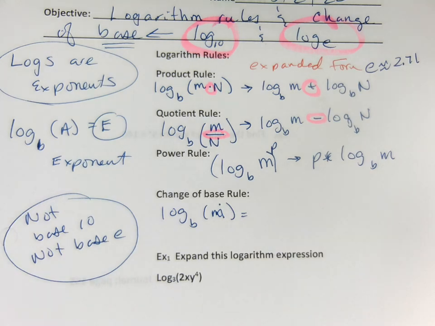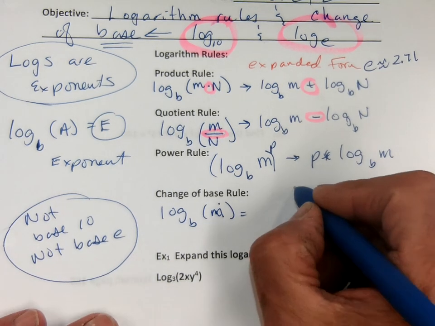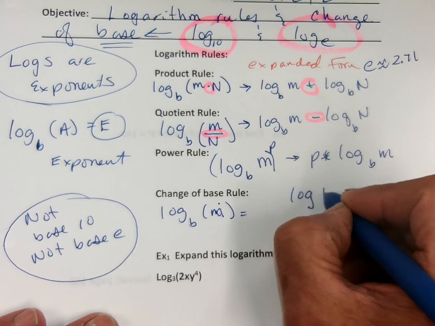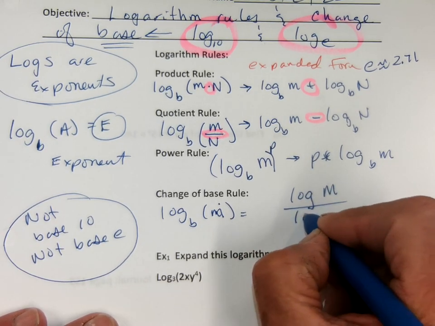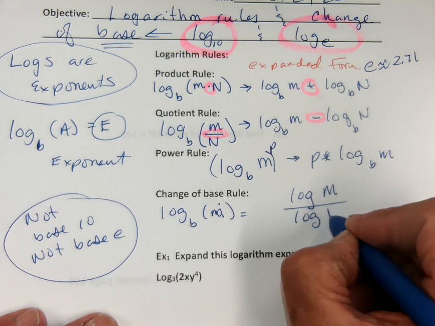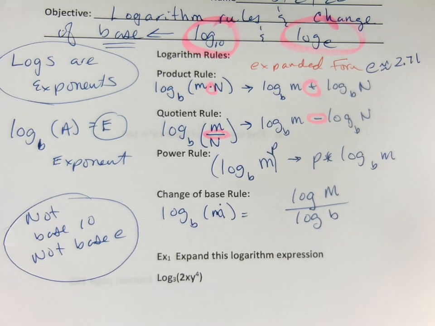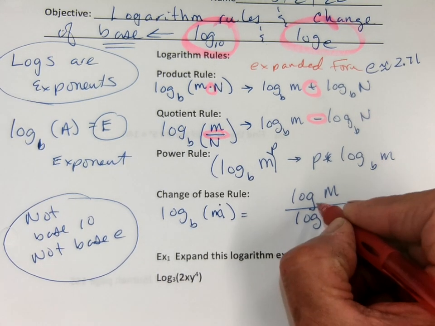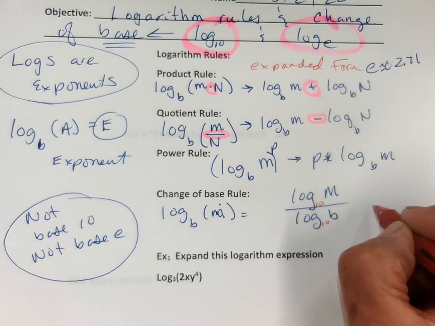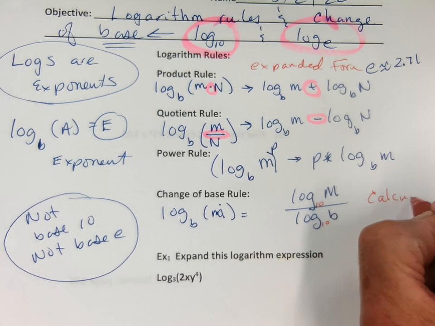You just go log of m divided by log of b. The invisible base is our calculator base, base 10. So we just use our calculator.